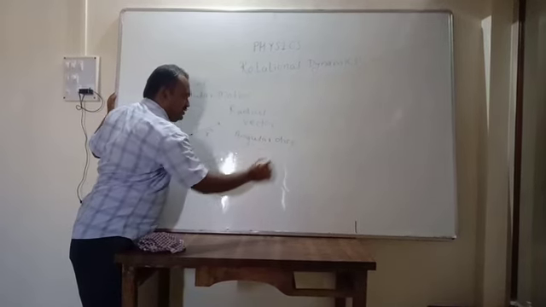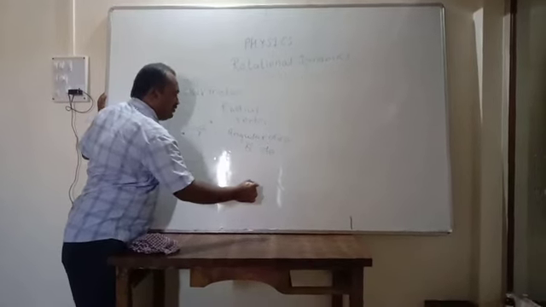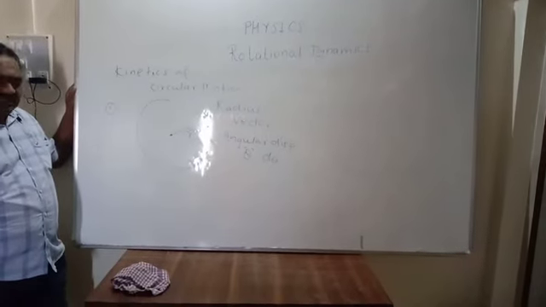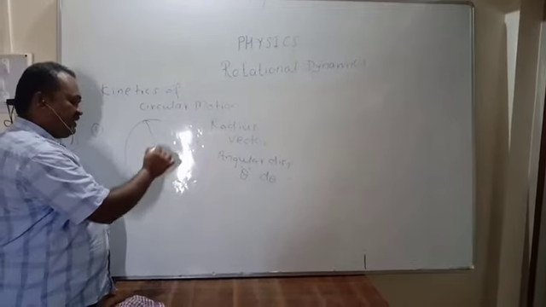Angular displacement is denoted by the letter theta, and small angular displacement is denoted by d theta or delta theta. Now we'll study the definition of angular displacement.